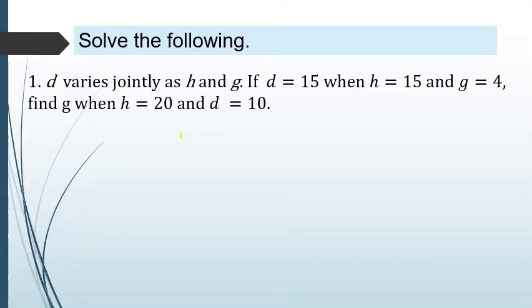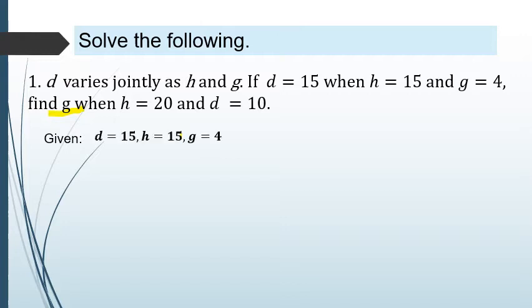Solve the following. Number 1, D varies jointly as H and G. If D is equal to 15, when H is equal to 15 and G is equal to 4. Find G when H is equal to 20 and D is equal to 10. Kunin muna natin ang given.